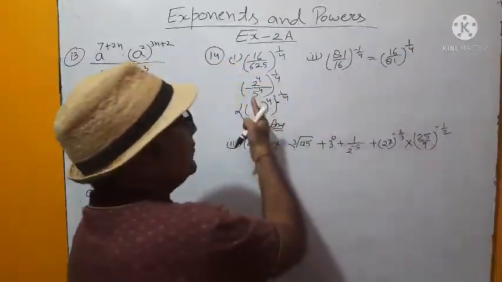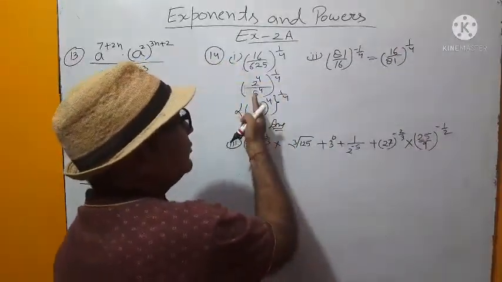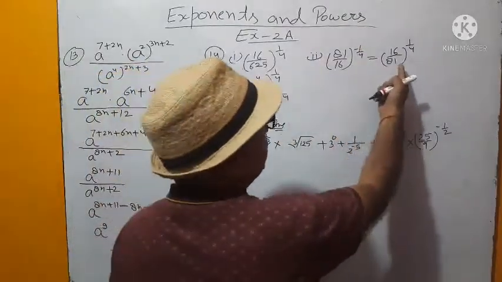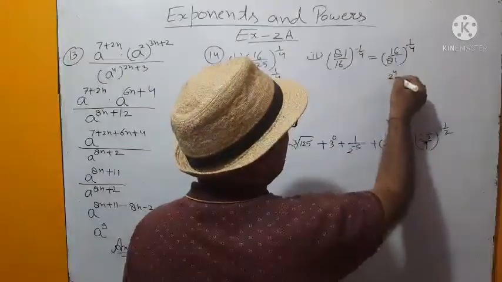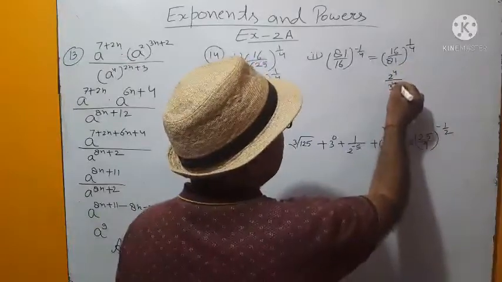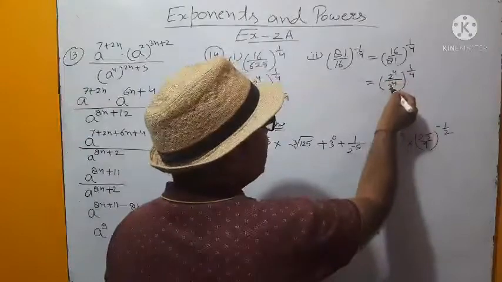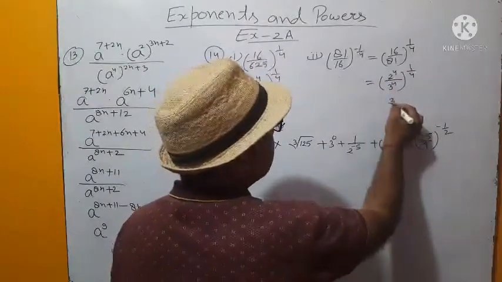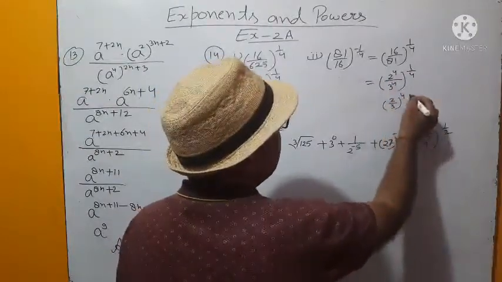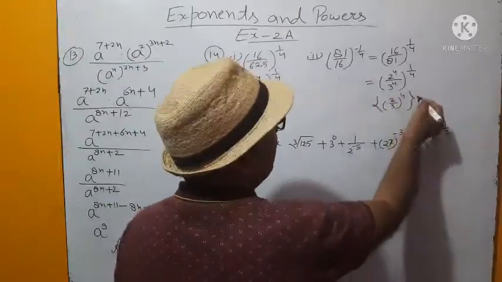Now again do the same technique here. The technique that we have applied here, same do there also. 16 is the 2 power 4, 81 is the 3 power 4. Okay, now bases are different but powers are same. So it can be written as 2 by 3 to the power 4.